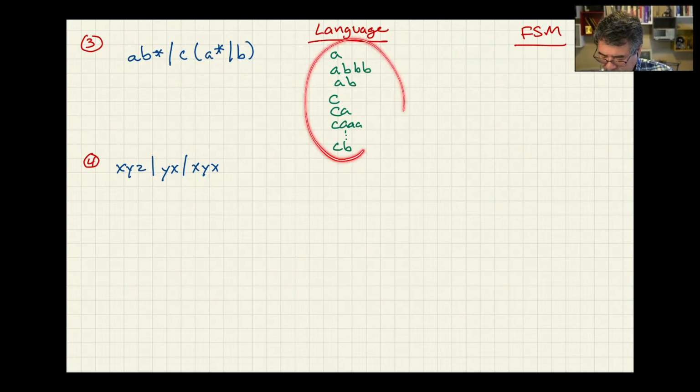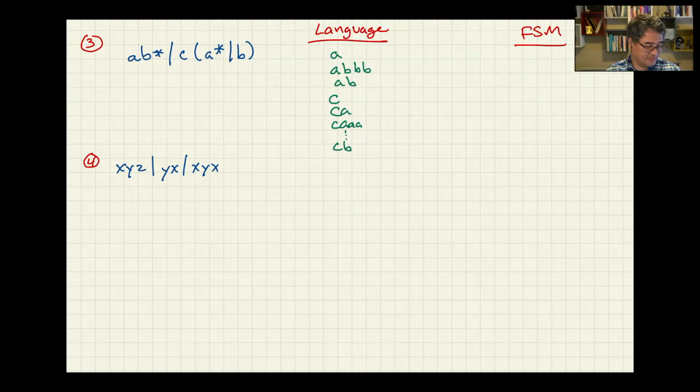So if you look at these strings here, you'll see that they're broken into two pieces. There's the strings that accept A as their first character, and there's the strings that accept C as their first character. So from there, we can see we've got a finite state machine that accepts either A or C as its first character.